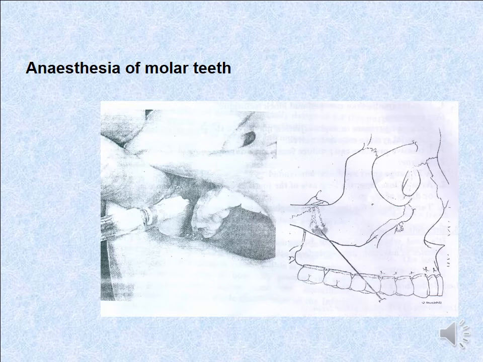So we must anesthetize two nerves. Either we can put the needle distal to the second premolar and penetrate the mucosa to give local anesthesia for the mesiobuccal root, and then from beneath the buccal groove go posteriorly and give anesthesia for the distobuccal root.